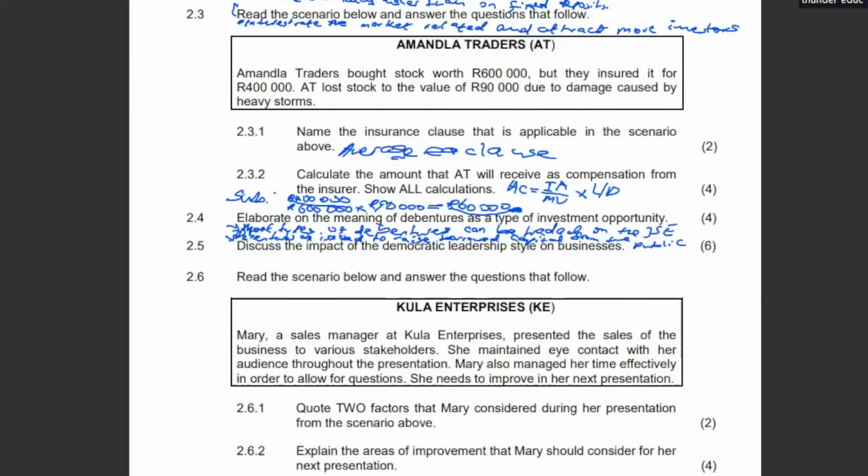So it's up to you, because now we have 6 marks and the expectation is to come up with 3 points. It's up to you whether you give 1 point for positive and 2 points for negative, or 2 points for positive and 1 point for negative. Okay, right. So now I'm going to give 2 for each. I'll give 2 for positive and also I'll give 2 for negative.